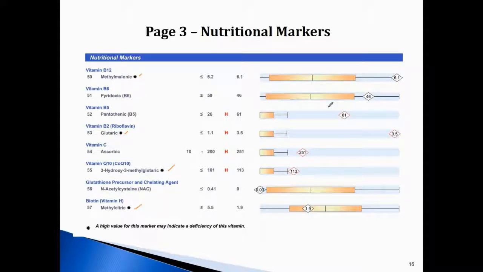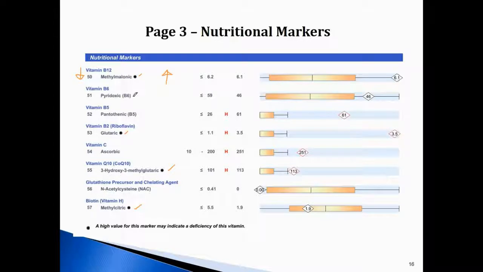So what that means is, in this particular case, if the asterisk marker is elevated, it would indicate a deficiency of that nutrient. So if methylmalonic is high, it means there's a deficiency of vitamin B12.